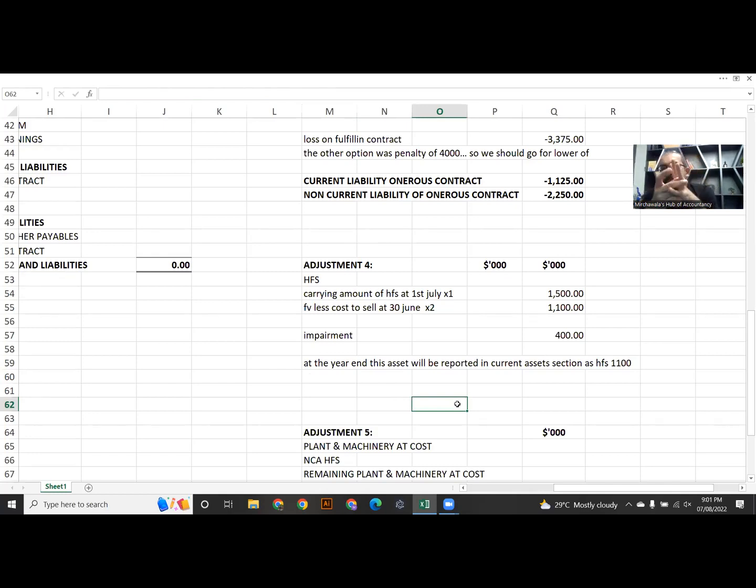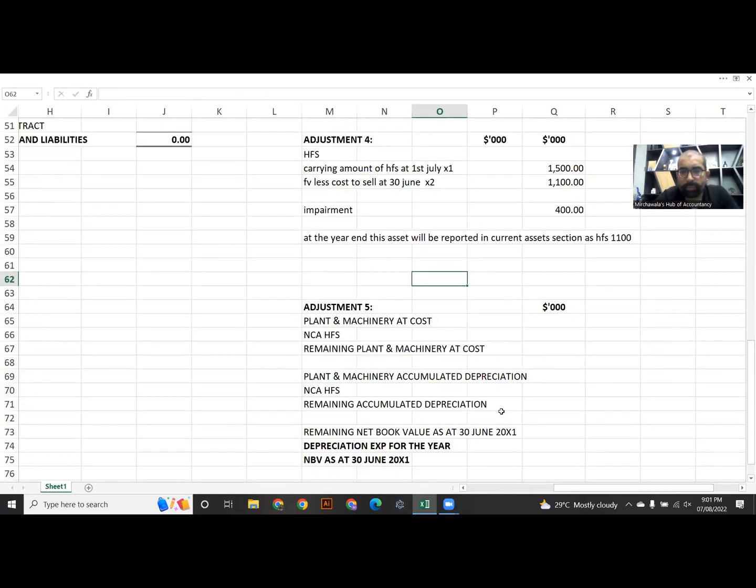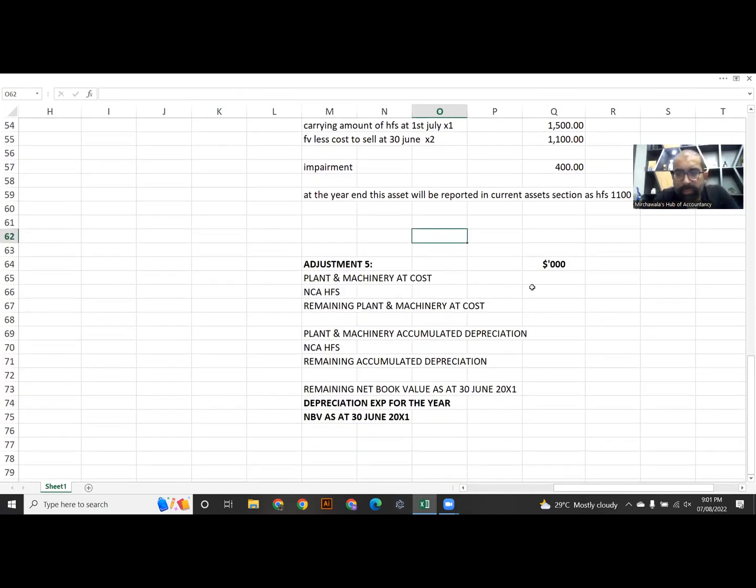Now the next thing is depreciation. What was the plant and machinery cost? Let me check the question. The plant and machinery cost is 16,200.